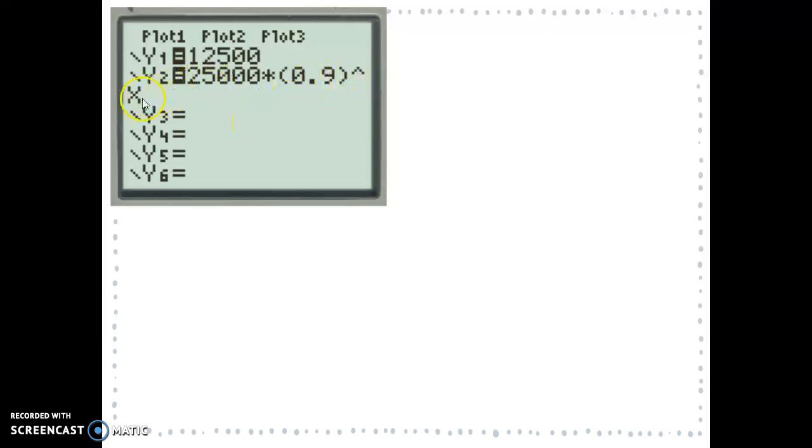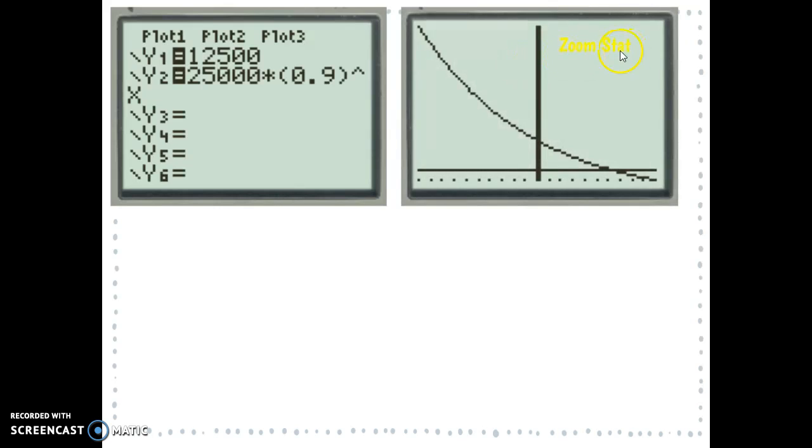Remember, my calculator isn't as updated as yours, so your exponents will actually show as an exponent under Y2. After you hit graph, and when you hit graph, hit zoom stat, it should look something like this, where you can see the intersection of where you have Y equaling $12,500, because that's half of $25,000. And the other line here, this curved line, is representing the loss in value of the car over time.